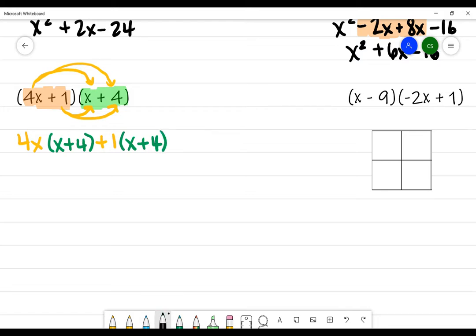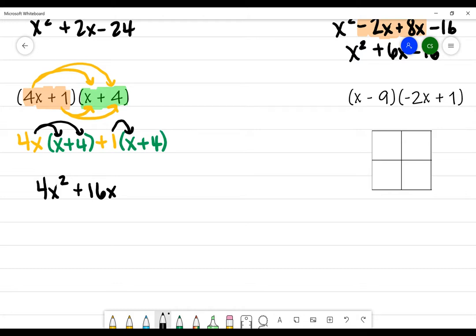So distribute again. Multiplying 4x to x. That means I have 2 x's now. And multiplying 4x to a +4. Multiply the coefficients. Add the exponents.